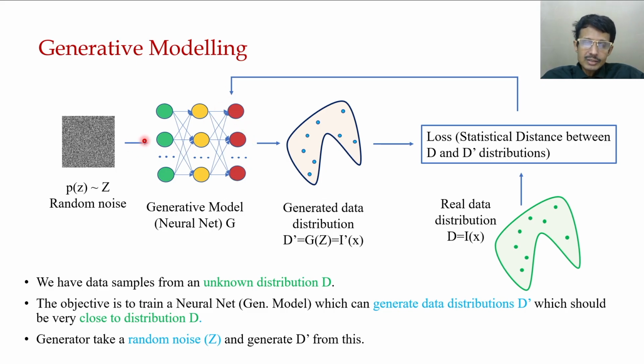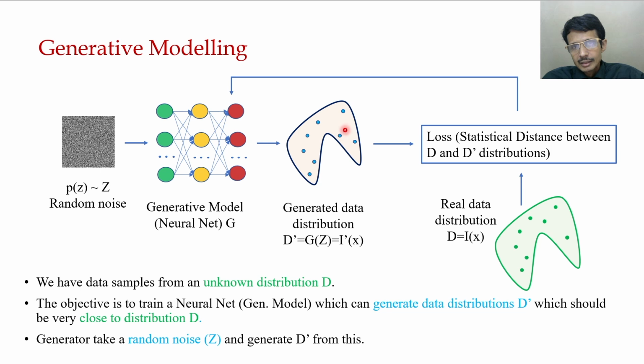It starts from a random noise, this distribution P of Z, a random distribution. This noise is input to the generative model, which is a neural net that generates samples which belong to a data distribution, let's say D bar.